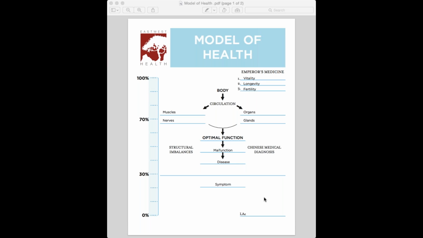Mm-hmm. The other thing we see is if you have too much inflammation in your body, that impedes the circulation in your liver, or if you have too much toxicity. And then these things are called organs and glands. So can you give me an example of what an organ is? Liver, gallbladder, lungs, heart, pericardium, kidneys.